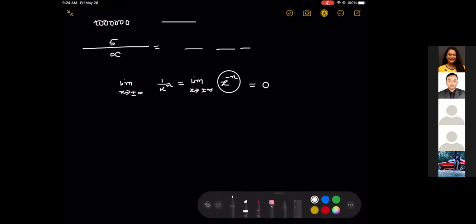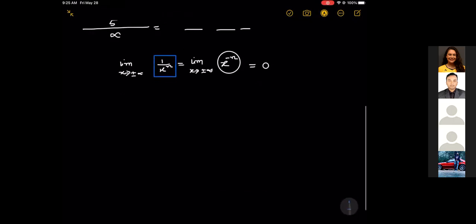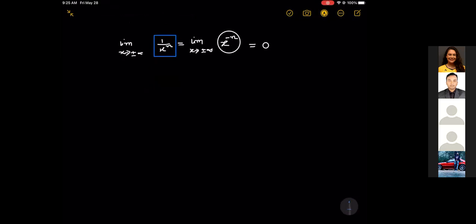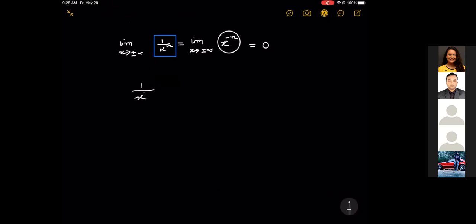Now let's use this idea. So if I start with this one, 1 over x to the n. As your x is approaching infinity, this denominator will get bigger and bigger, right?